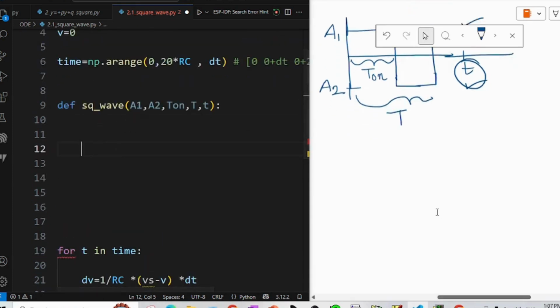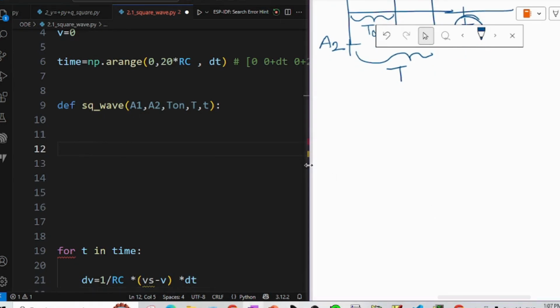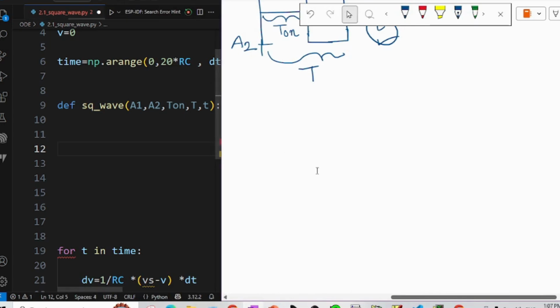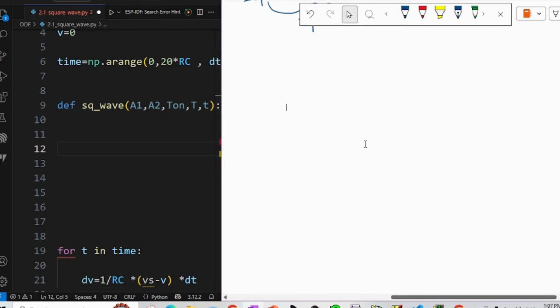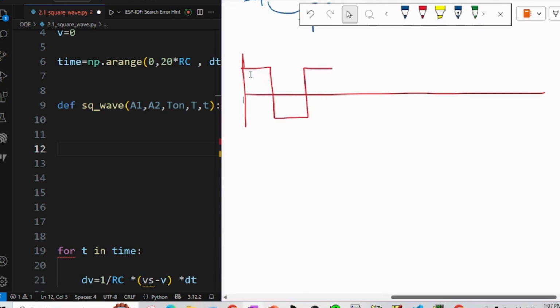Okay, so to understand this is a tricky part. Okay, so let me make a square wave like this.